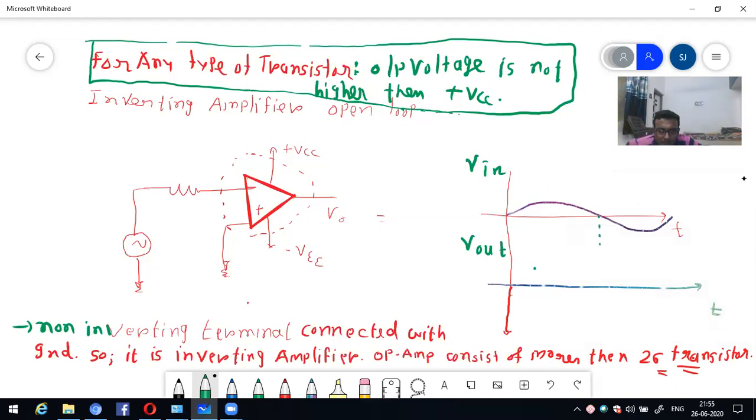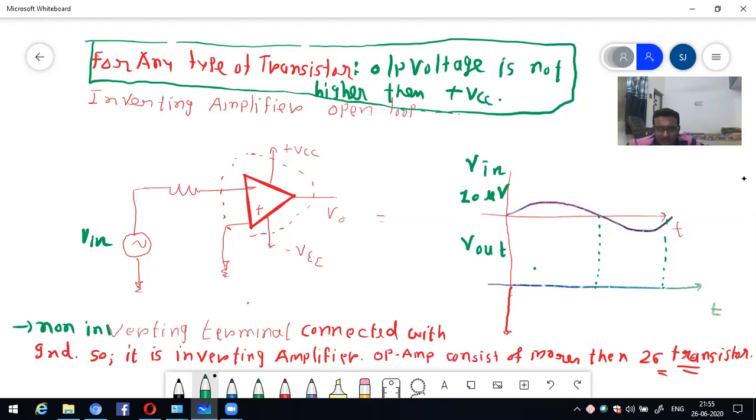So if any signal is passed through 26 transistors, suppose Vin equal to, assume, 10 microvolt. If 10 microvolt is applied across the op-amp, then this signal passes into the 26 transistors. So what is the output voltage? We can get maximum output, VCC.